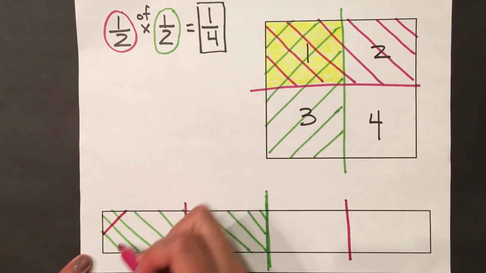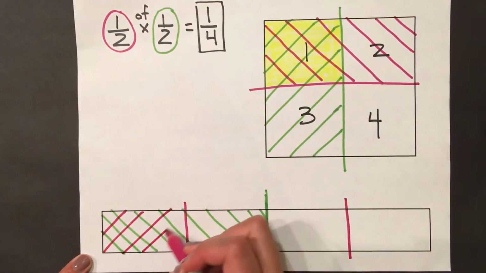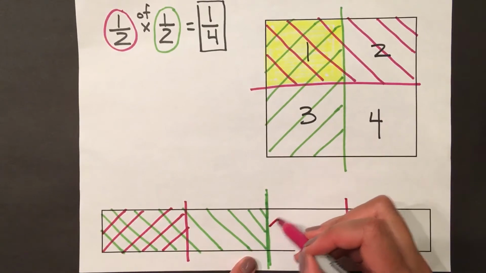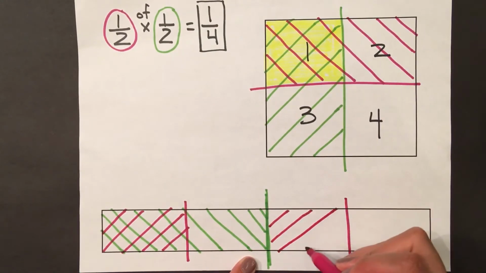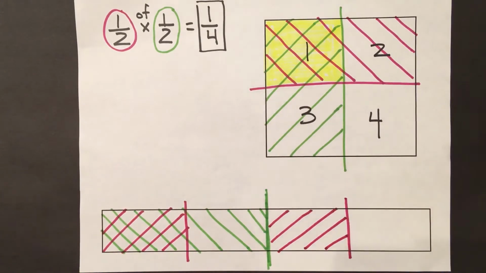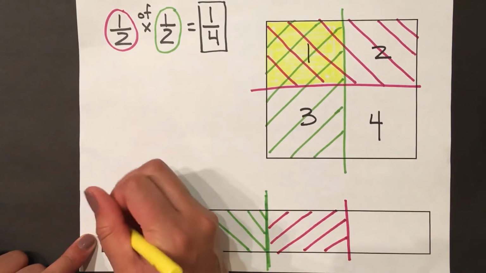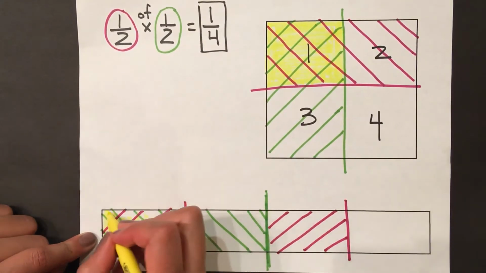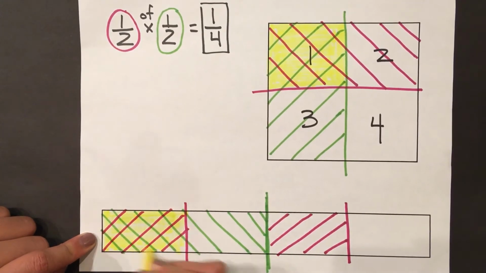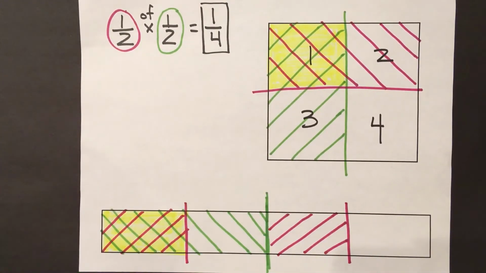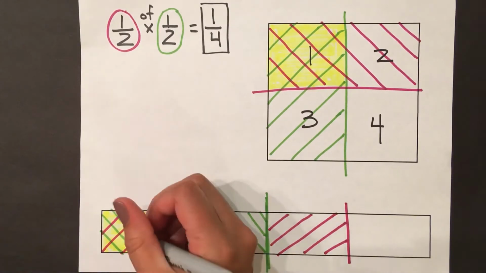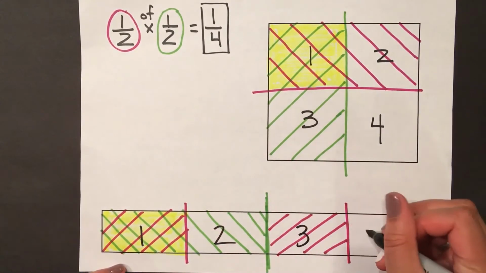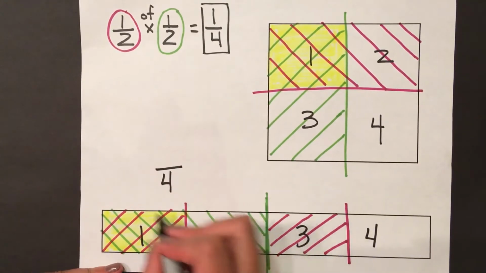And then we mark off one of them because that's what our numerator says. And then we're going to shade in. And we notice that it is 1, 2, 3, 4 pieces. Of those 4 pieces, 1.